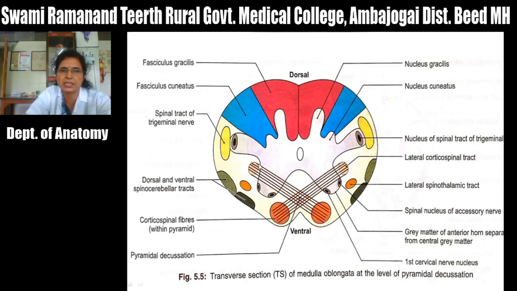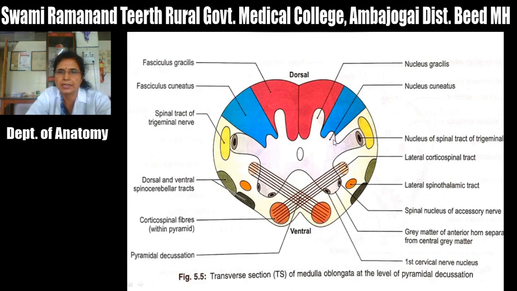The main feature at this level is the crossing, or decussation, of the corticospinal fibers, due to which the anterior horn is separated from the central grey matter, and there is appearance of the nucleus gracilis, nucleus cuneatus, and the nucleus of the spinal tract of the trigeminal nerve.